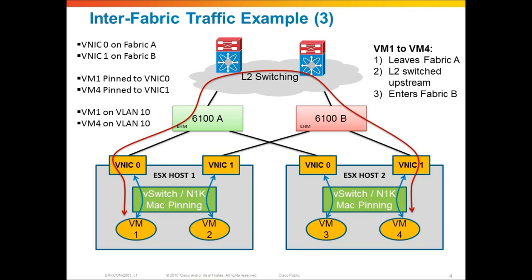So just another example of interfabric traffic between two servers managed by UCS, where you have traffic leaving one fabric, going to an upstream network, and coming back down into the same UCS system on the other fabric. And this is an example for layer 2. So we've seen examples of how this is going to happen for layer 3 flows because the fabric interconnect is not a layer 3 switch, and we've seen examples for this with layer 2 flows as well.